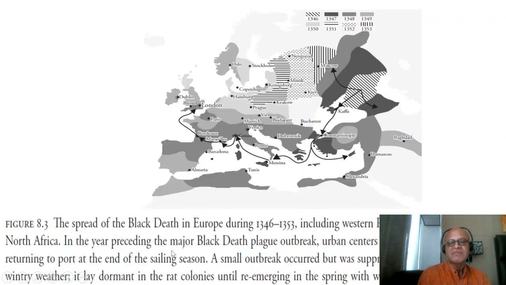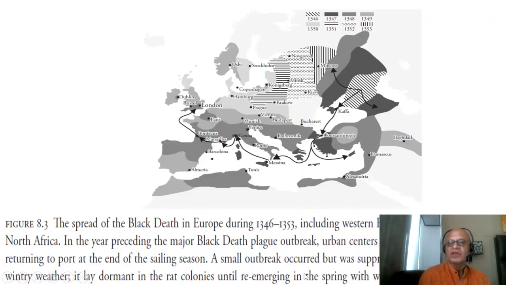In the year preceding the major Black Death plague outbreak, urban centers were contaminated by ships returning to port at the end of the sailing season. So these were regions that were connecting to the Asian trades in silk and spices and other things, gold, timber, etc.